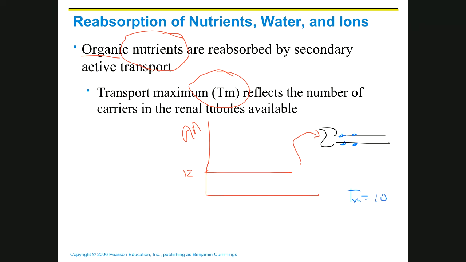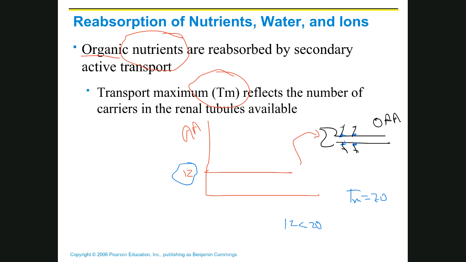So just like glucose, this is less than 20. 12 is less than 20, which means that every single one of those amino acids is going to be reabsorbed. And so if I look over here at the urine, I look for the amino acids, there's going to be 0 of that amino acid in the urine.